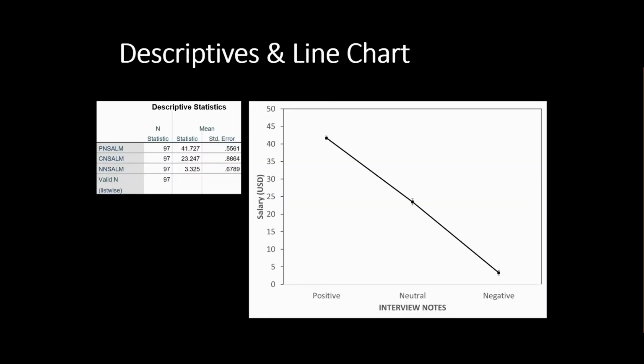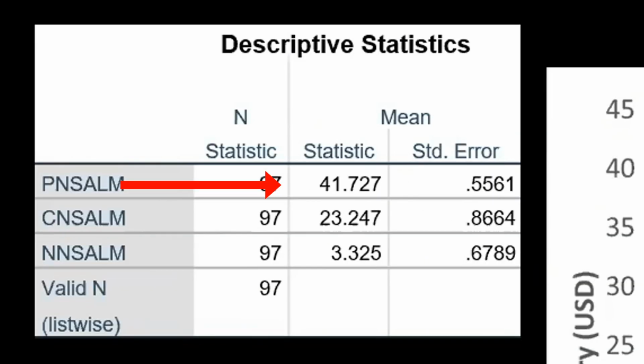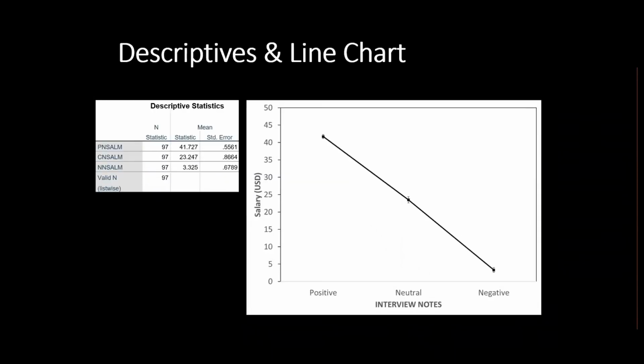And here you can see a line chart. Again, the dots on this represent the group means, right? So the average for everybody in the positive group is that number right there, 42, 43. And again, the error bars are usually going to be the standard error. You'll find out that when you go into Excel or SPSS, you can put error bars that are all kinds of stuff.